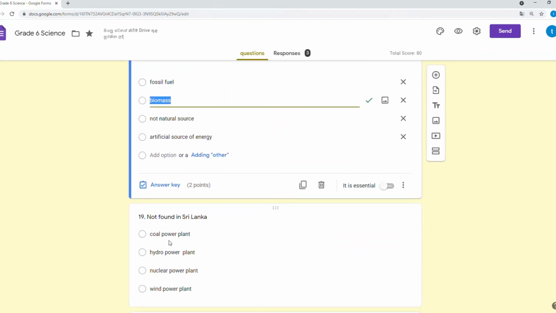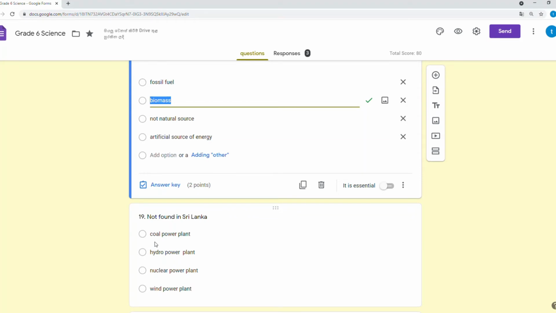Then you get into number 19. Not found in Sri Lanka. That is about power plants. We know we need energy, especially electricity. To produce electricity, we use different methods. In our country, on a large scale, we have hydropower plants, everywhere.